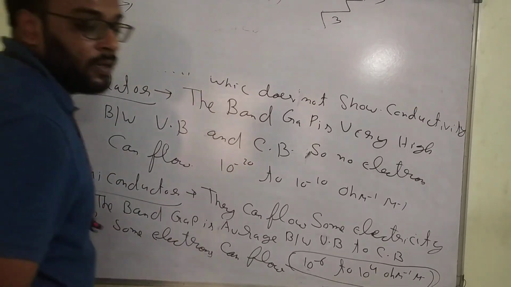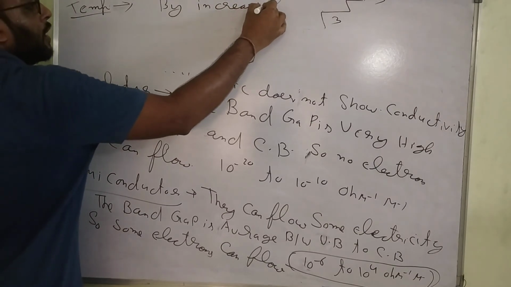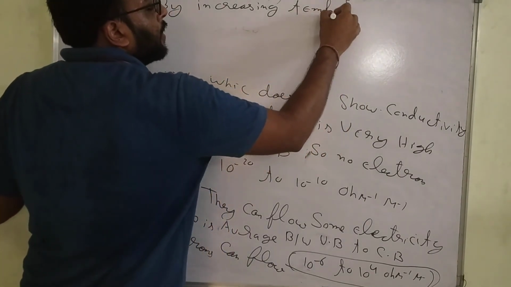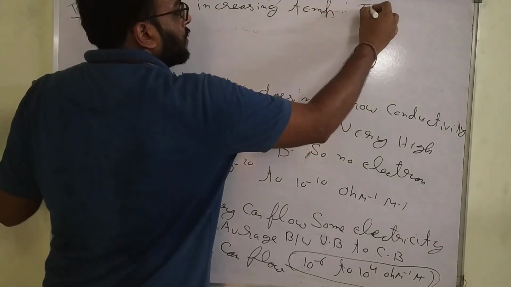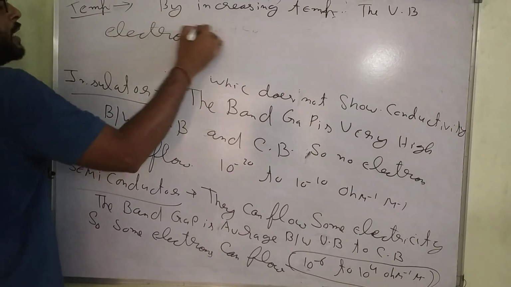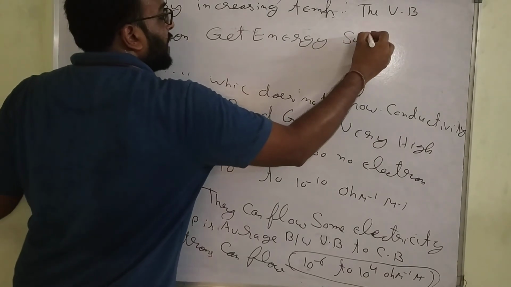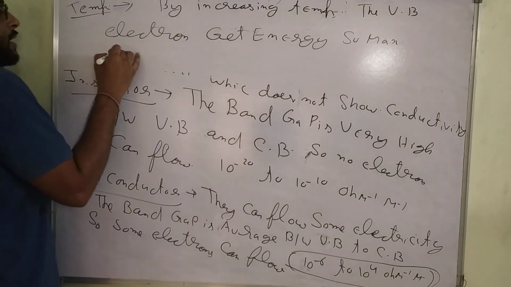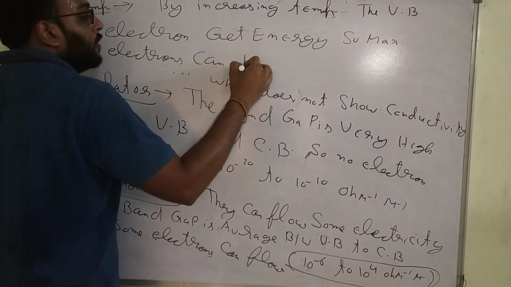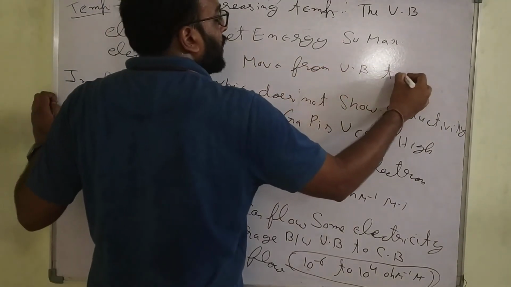So here we can write: by increasing temperature, the valence band electrons get energy, so maximum electrons can move from the valence band to the conduction band.